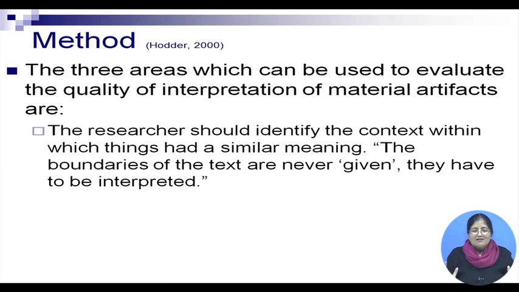So, things with similar meanings have to be interpreted, and the similarity of meanings has to be interpreted. These boundaries are not defined. These boundaries emerge as a result of interpretation of different material objects within the same culture, and we say, okay, these interpretations look similar, so they must be within the same boundary, they must be connected to each other.